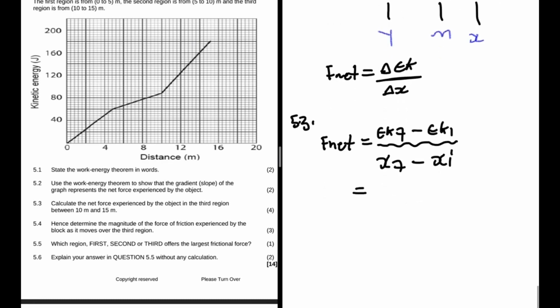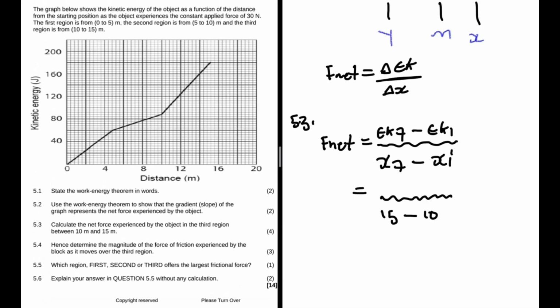So we want the net force experienced between the region 10 to 15, right? So for x final, we're gonna have 15 minus 10 because that's our initial, right?